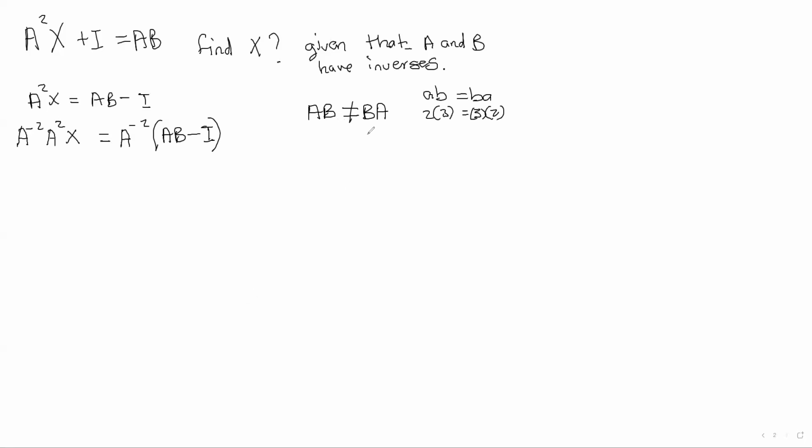So basically AB is not the same as BA. And then here, X is equal to, and I'm going to distribute this one, A minus 2 times AB minus A minus 2 times I. You must be careful, this A minus 2 always remains on the left.